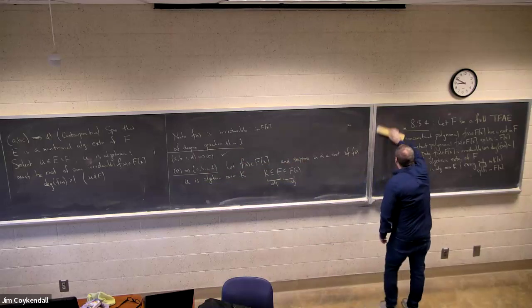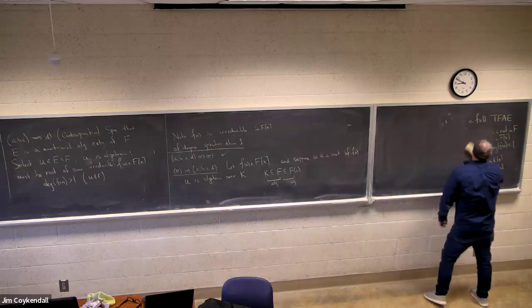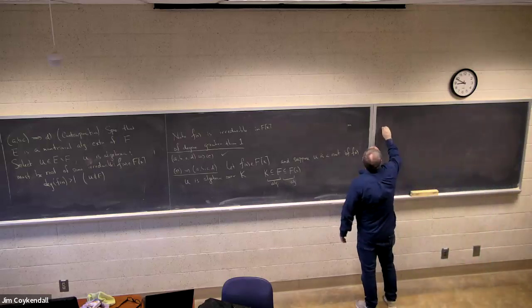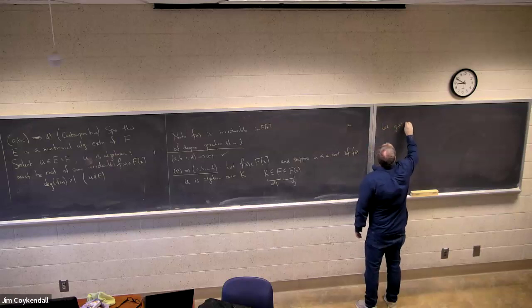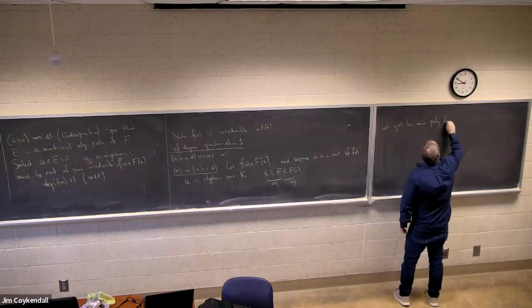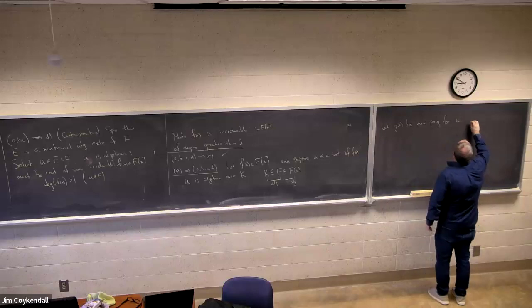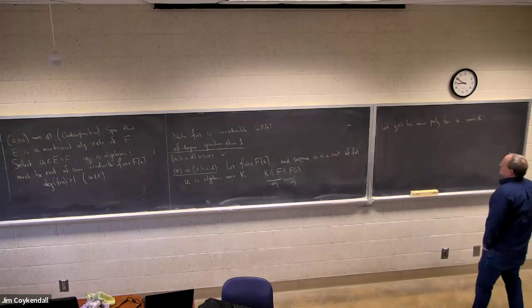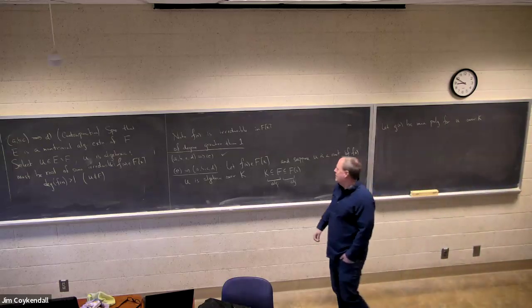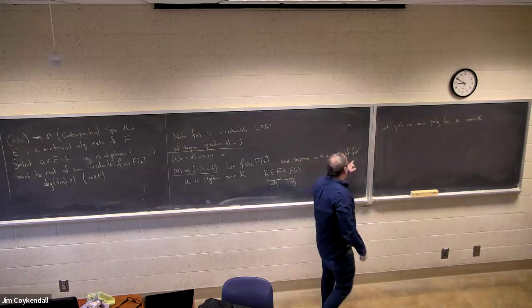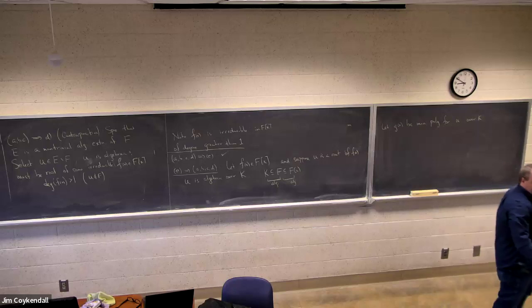How does that help? Get a polynomial, and that has to split. So let g(x) be the minimal polynomial for u over K. Now, what do we know about the relationship between f(x) and g(x)?